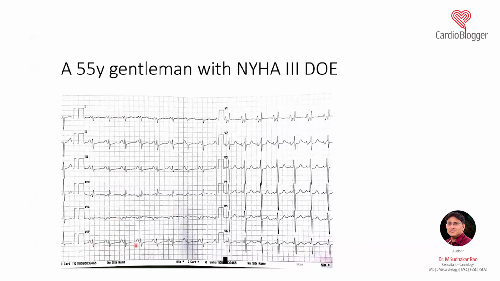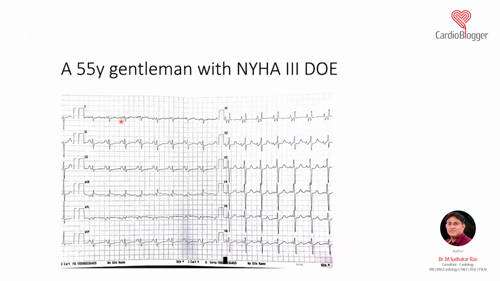If you see lead AVF, the most negative lead, perpendicular to lead AVF is lead 1, and lead 1 negative means you have an axis more toward the right, around minus 120 or minus 90. So you have it near toward minus 90, that is the right axis deviation in this ECG.